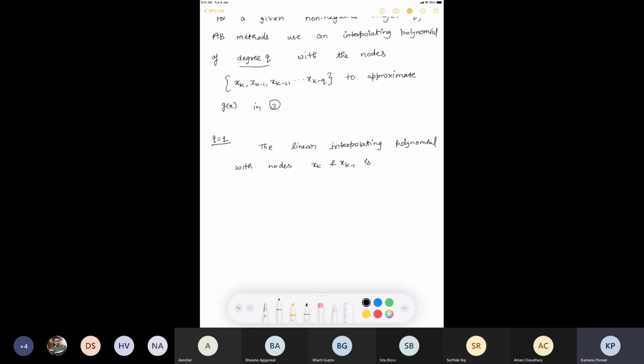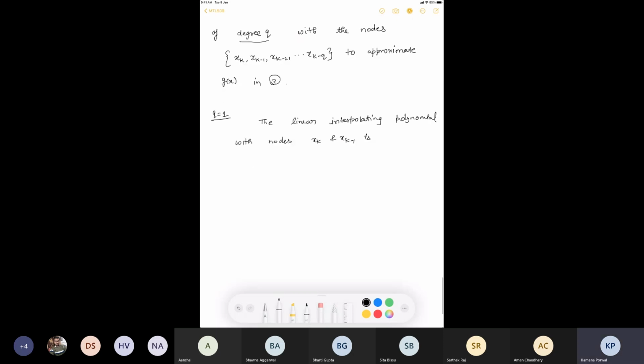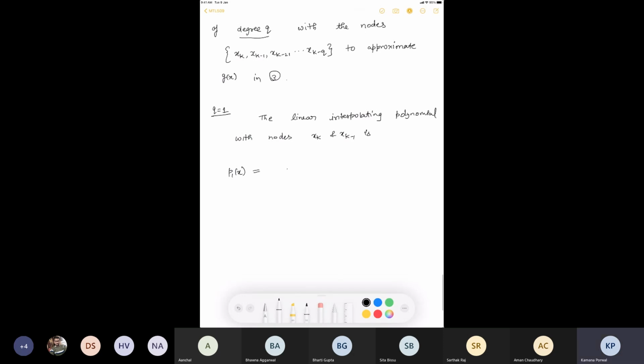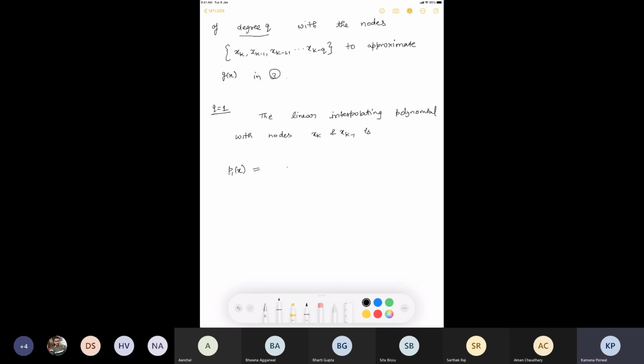We can write down the expression of it. I'm denoting it by p1(x). Since we are at the simplest case, q equal to 1, we can simply use the Lagrange interpolating polynomial.